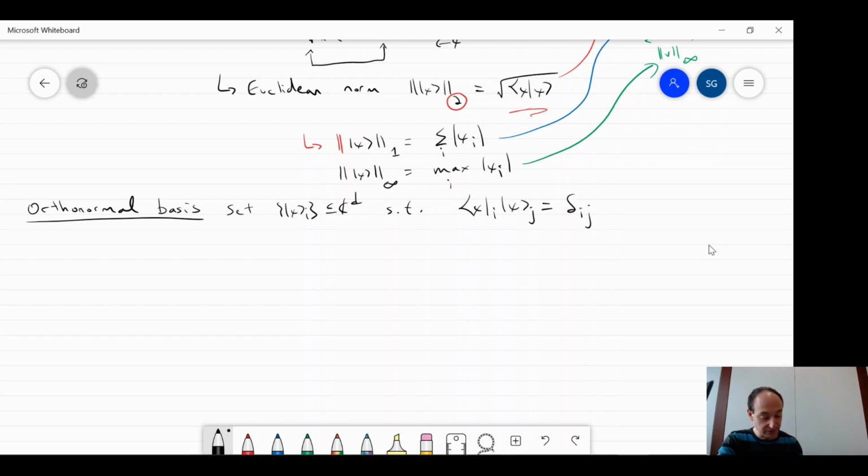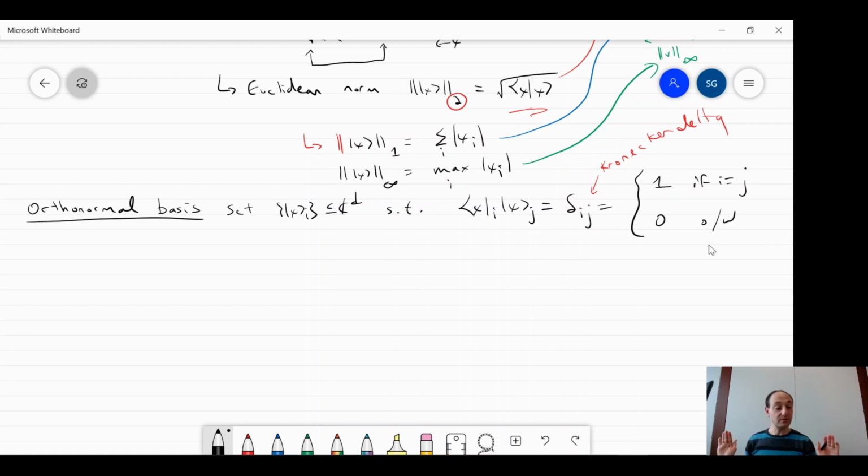Remember the Kronecker delta? Let me remind you what this was, because we're going to use it over and over again. This is 1 if i equals j, 0 otherwise. So that's what an orthonormal basis is.